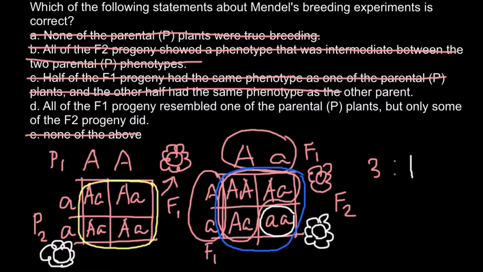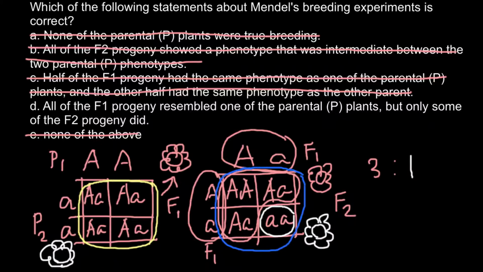And we are left with only one answer, D. All of the F1 progeny resembled one of the parental plants, and this is true. This is the F1 generation, and 100% resemble one of the parents.